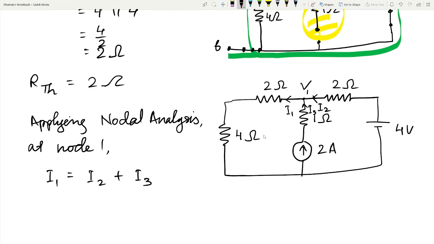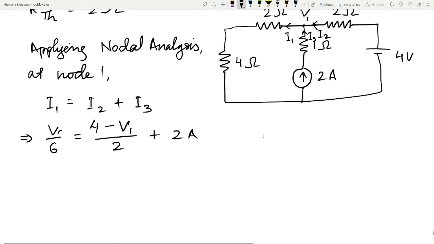So then we can put the values: I1 equal to V1 by 6, I2 equal to (4 minus V1) by 2, and I3 is 2 ampere. Okay, then we can simplify it.